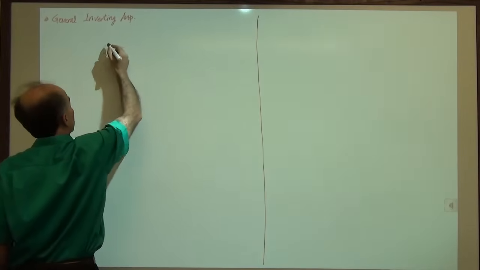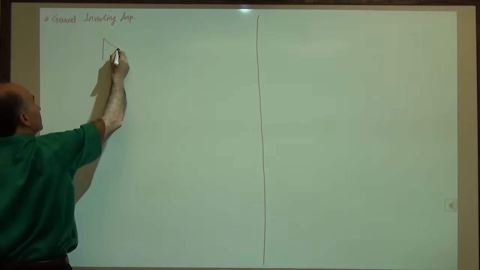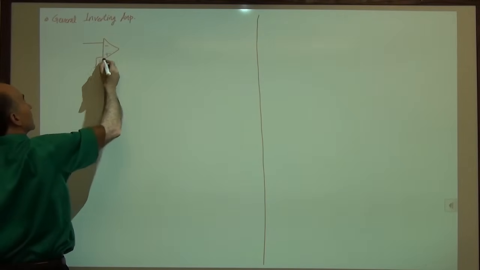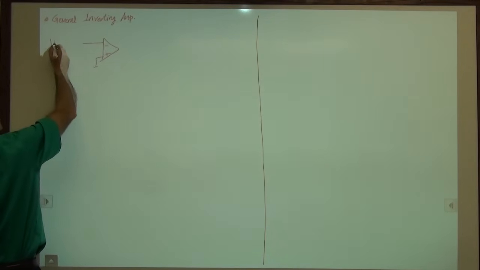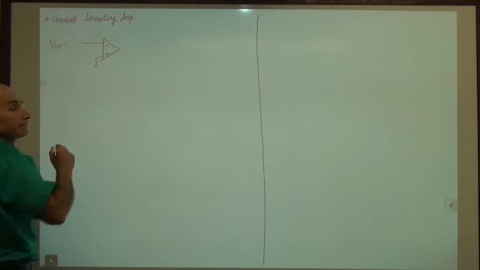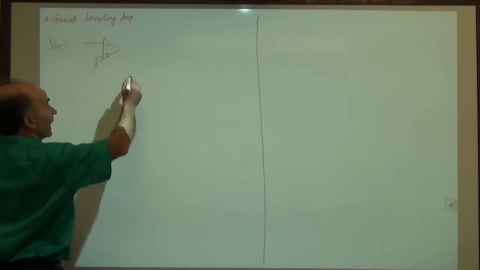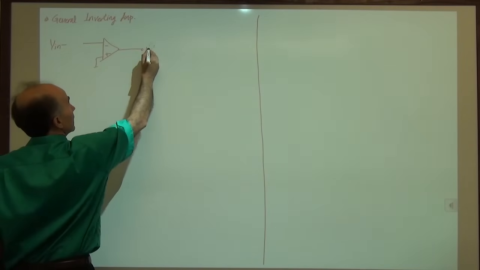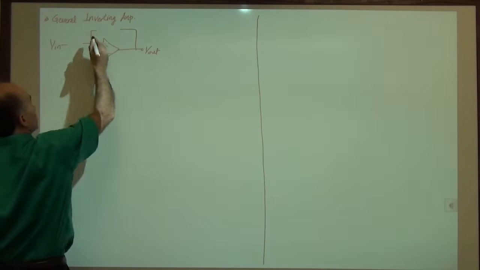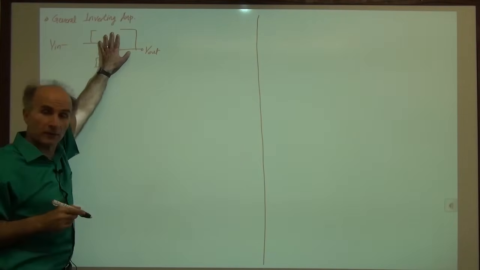And by general, I mean the following. Remember that previously we had from the input a resistor going to the input of the op-amp, and then from the output a resistor going back to the input of the op-amp. We had one resistor here, one resistor here.